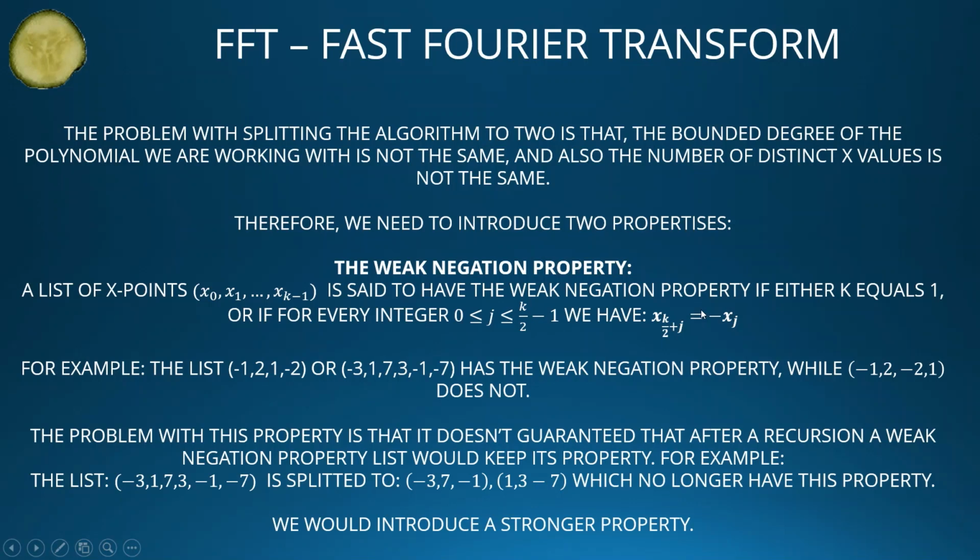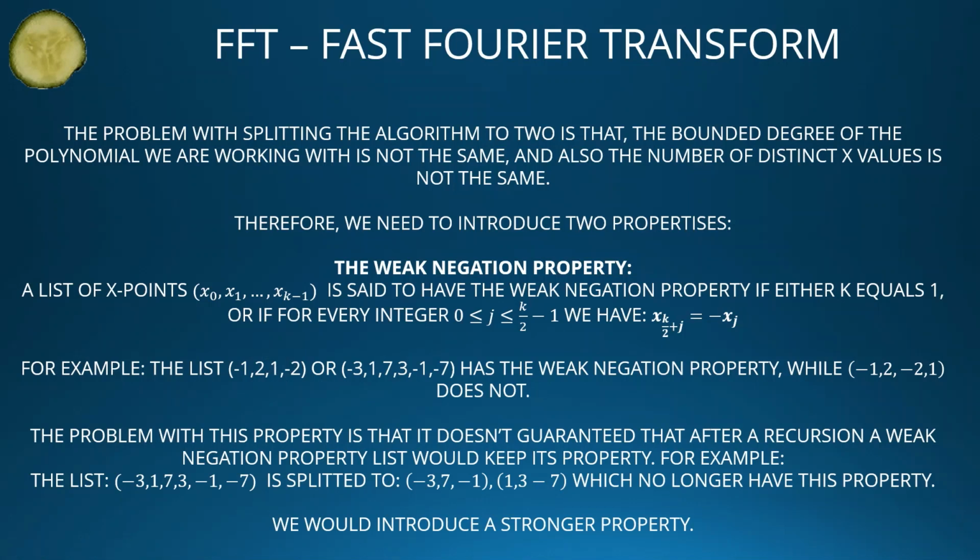So for example, the list -1, 2, 1, -2, or -3, 1, 7, 3, -1, -7 has the weak negation property, while -1, 2, -2, 1 does not. That's because, as you can see, the first value of the set does not match the third value, and same with the second value. Unlike in these examples, where -1 indeed matches 1 and 2 indeed matches -2.